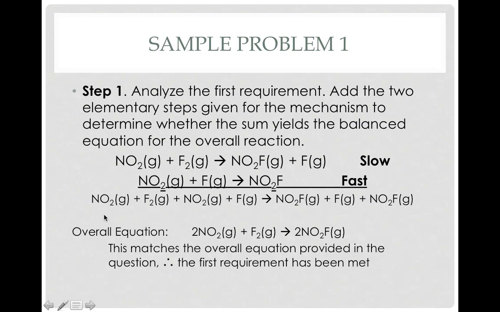So we get two NO2s, F2, and in this case, the F here that's generated cancels out. Now, what would that be called? If you thought reaction intermediate, you're absolutely correct. So we know the first requirement is met.